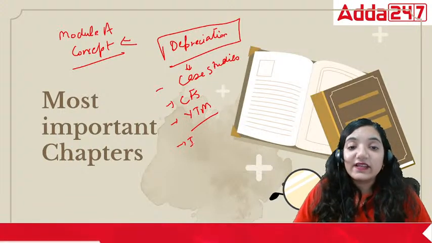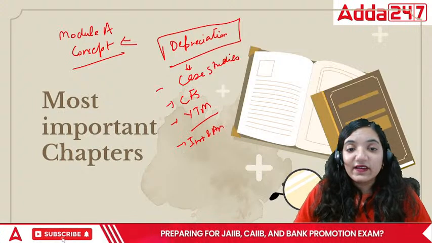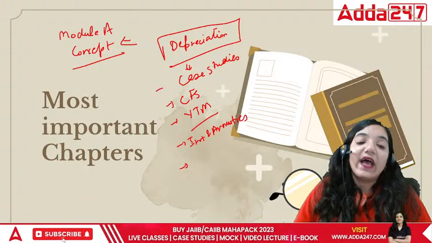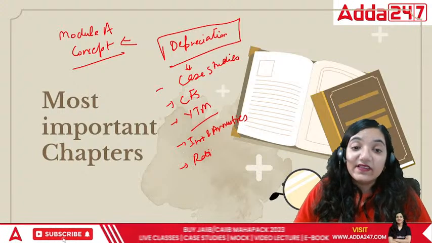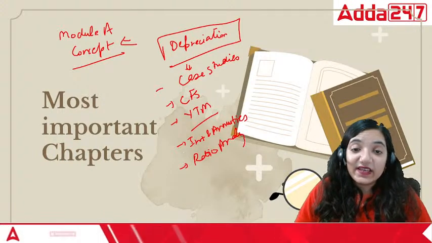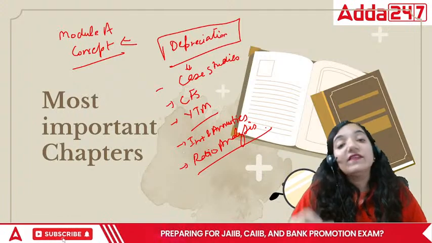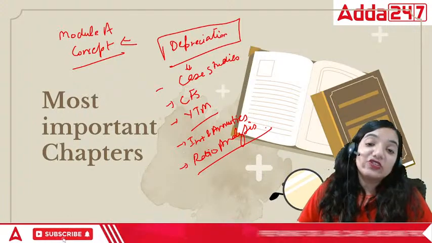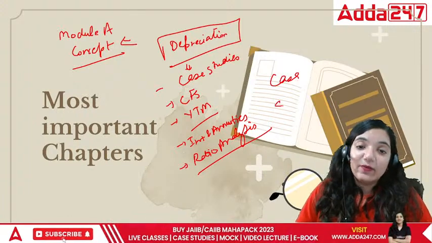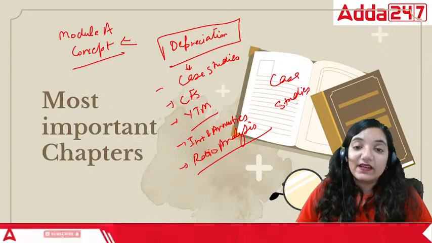We have interest and annuities. Then we have ratio analysis. These are some very basic and very important chapters that you should do in detail because you get case studies based upon these, and that too practical case studies.